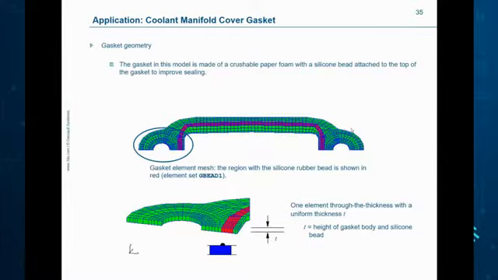This is the gasket geometry, and the thickness here is chosen so that we are accounting for the height of the bead. And so we put that in, and then we partition the mesh so that we can define different behaviors for the part of the gasket that has the bead and then the body of the gasket.